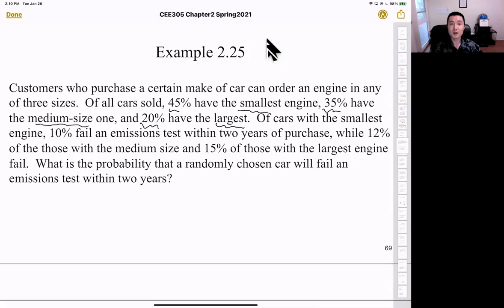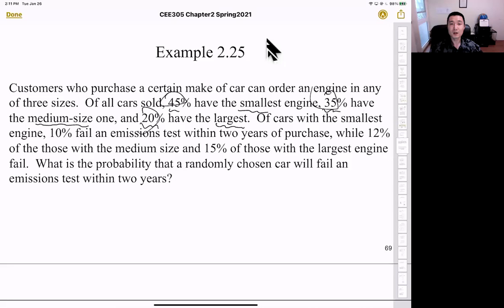If the engine is small, it cannot also be large or medium. They are also exhaustive because we only have three engine sizes. You have to pick one of the three, no more. So 45% plus 35% plus 20% is equal to 100%.